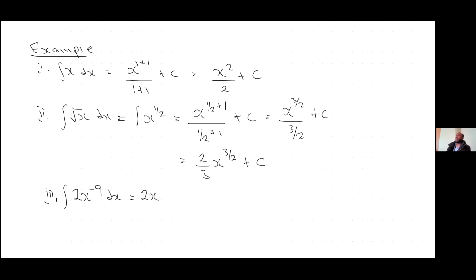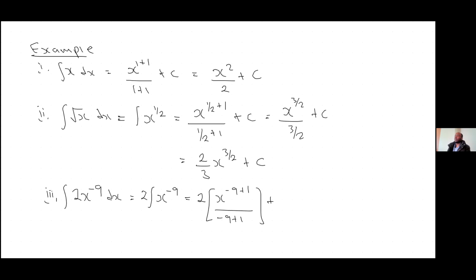Remember, we bring out the constant so that we'll not forget that part. So it's going to be 2 integrating x raised to the power minus 9 dx. I told you, you always bring out the constant. Then you integrate. It's going to be 2 into bracket x to the minus 9 plus 1, divided by minus 9 plus 1, all this plus c.